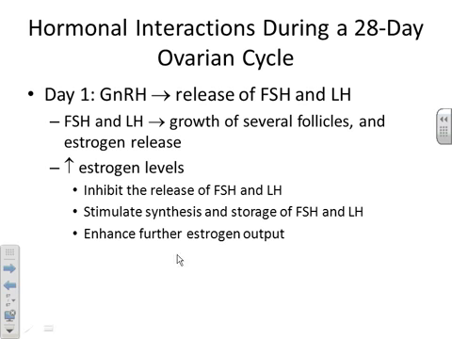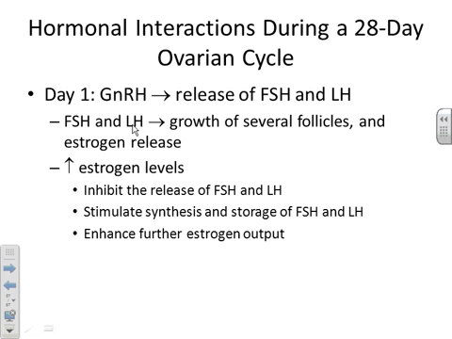So we start seeing rising levels of FSH and LH at day 1, and they're just going to keep going up and up. Once they reach their highest peak, that's when the egg is going to be released. The more FSH and LH being secreted, you're also going to start seeing higher and higher levels of estrogen.